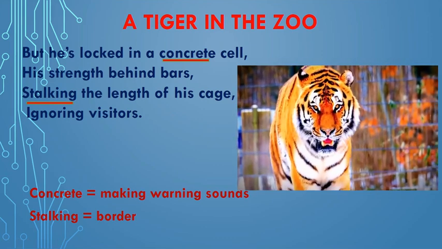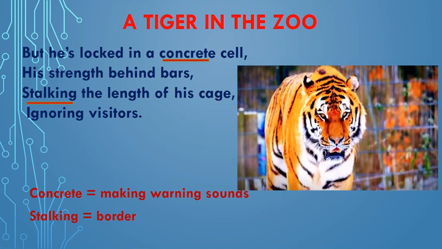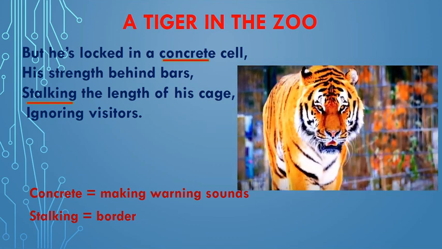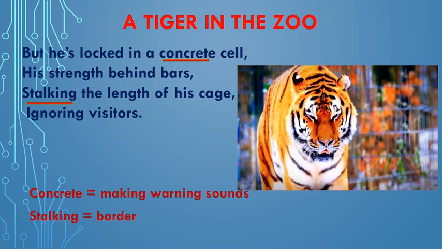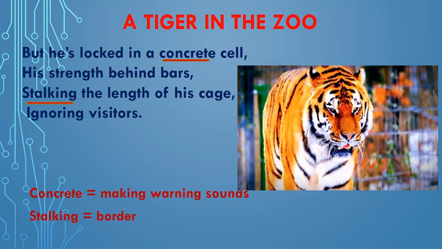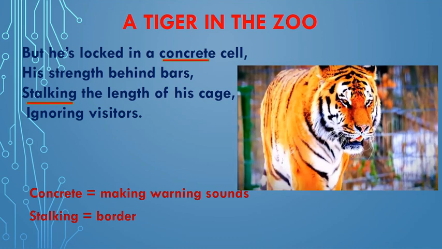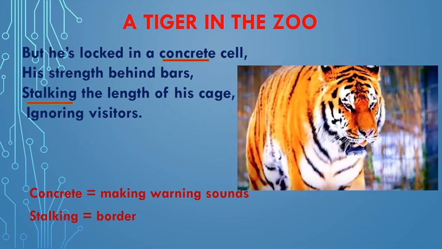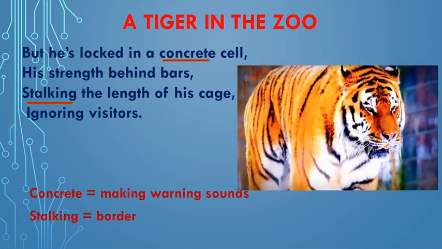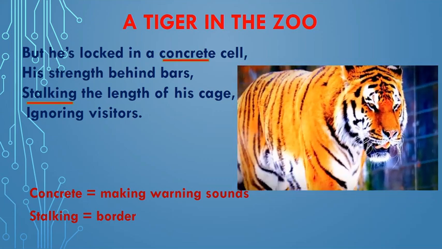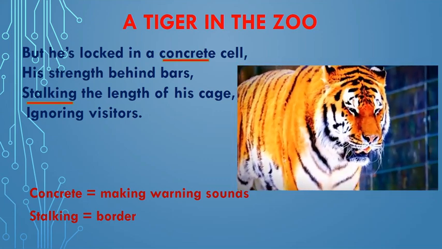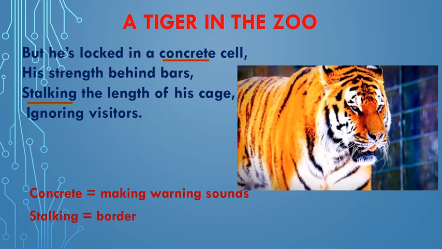They are in a state of freedom. But when they are kept in the zoos, they are locked in a concrete cell. Concrete cell simply means the whole cage is made of concrete.